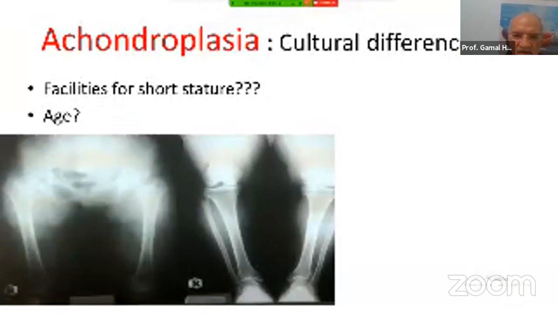this is how she swims and she walks. And then femoral lengthening of 12 or 13 centimeters.